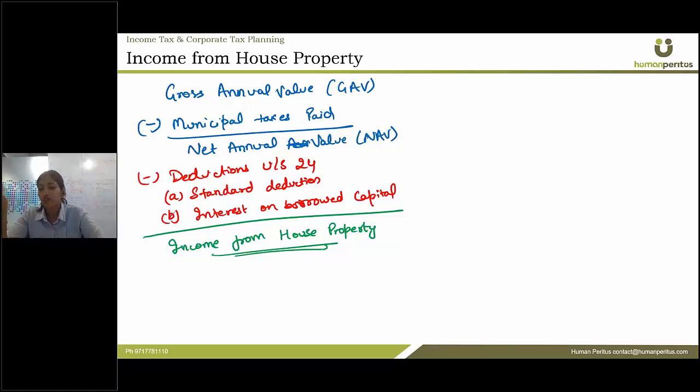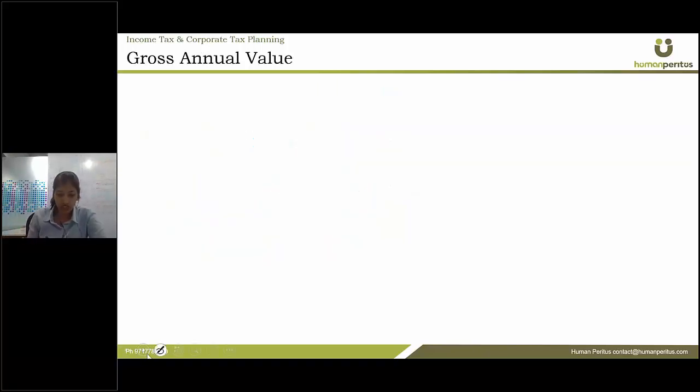Then we get income from house property, which is used for calculating income tax. Now we will discuss each step in detail, what value is calculated in each step. So first, let's start with gross annual value, and how we calculate it.